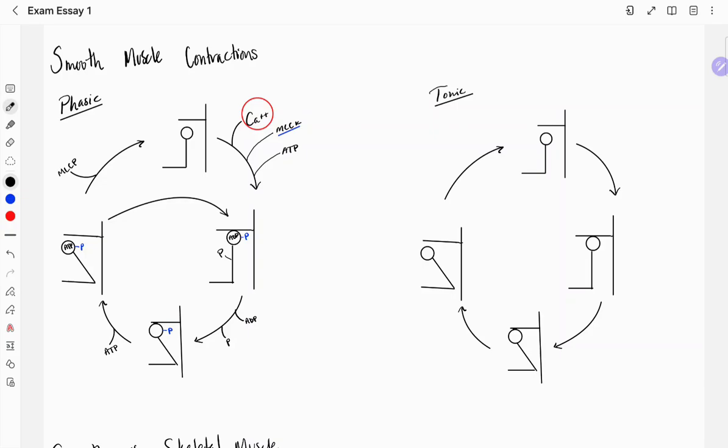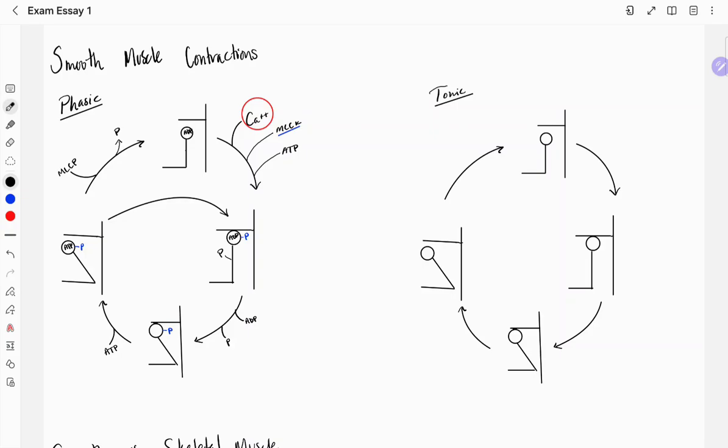And so when you have high amounts of calcium, you have low amounts of Rho kinase, and low amounts of Rho kinase means active MLCP, which is going to snip off that phosphate, and you'll end up here with your myosin.